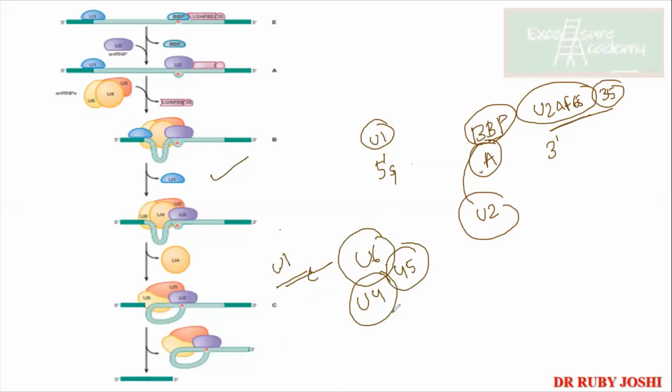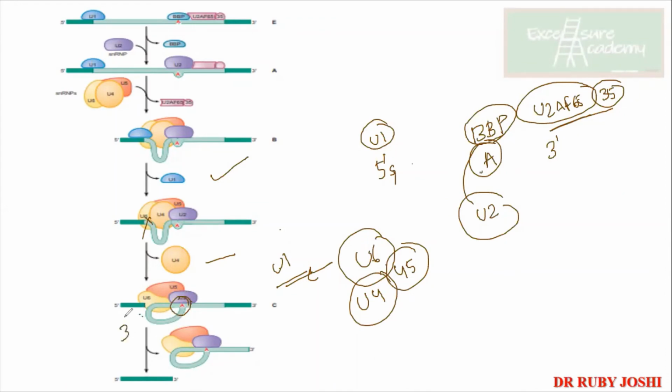Now, U1 is gone. Slowly, what they're doing is now the U4, which is having the catalytic activity, is making a cut over here. Then U4 is displaced. U6 is coming. This U6 is now making a base pairing with the U2 and making sure that the bond has been formed over here with the branch point. Okay.